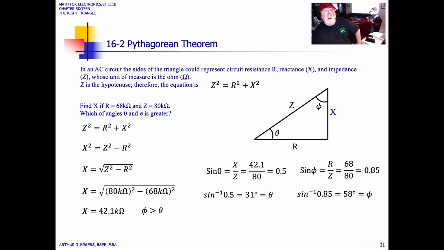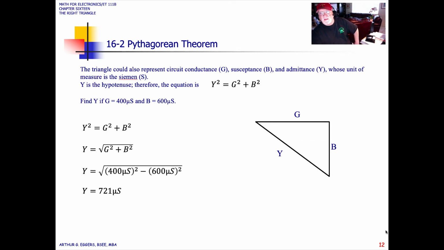If I take something called the inverse sine, which we're going to look at more in depth later on, if I take the inverse sine of 0.5, then it tells me it's 31 degrees. Do the same thing for angle phi by using the ratio of R to Z. I come up with 0.85, and the inverse sine becomes an angle of 58.